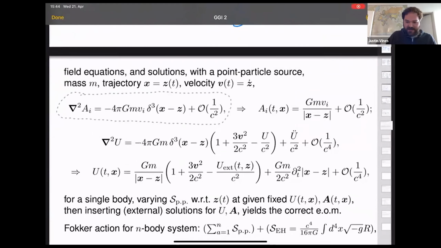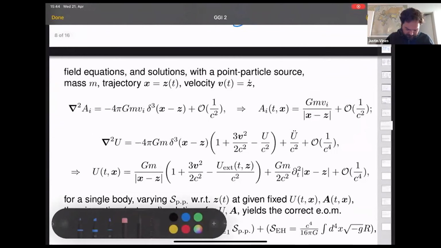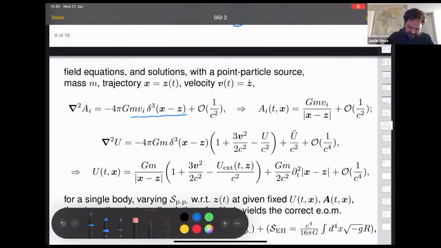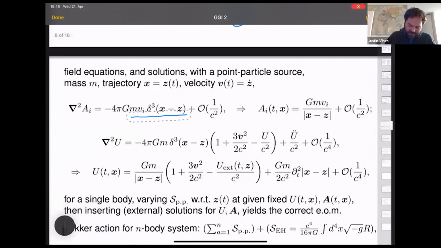It's a Poisson equation, or let's say 3 Poisson equations for this 3-vector potential, where the source is basically the momentum density times minus 4 pi G. The solution is very simple, given over there.